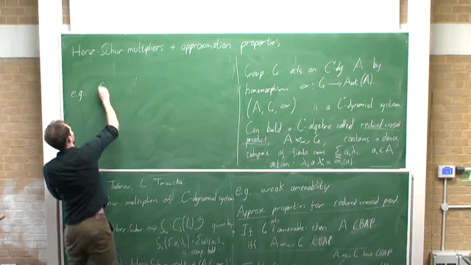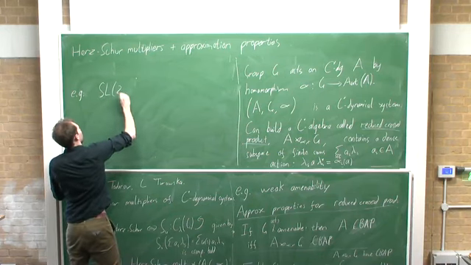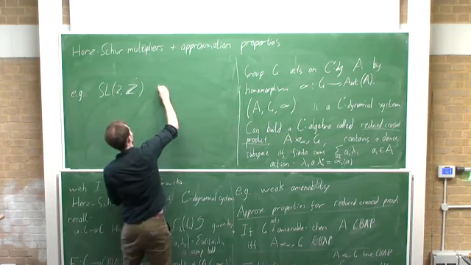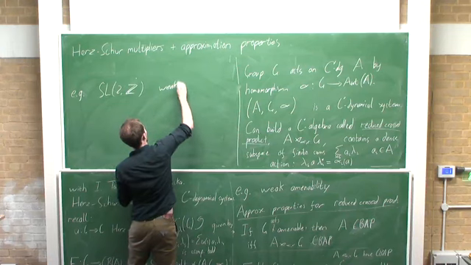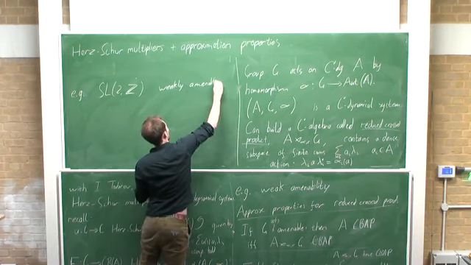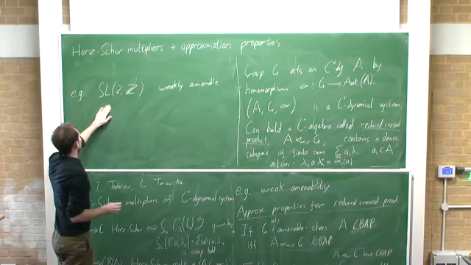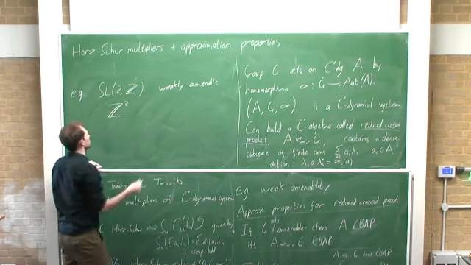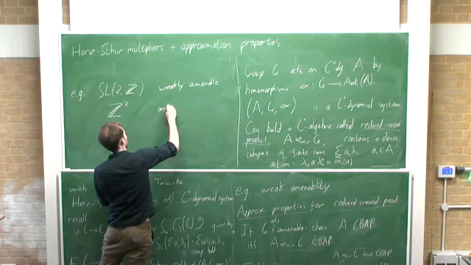This group is weakly amenable, and of course this group is amenable.